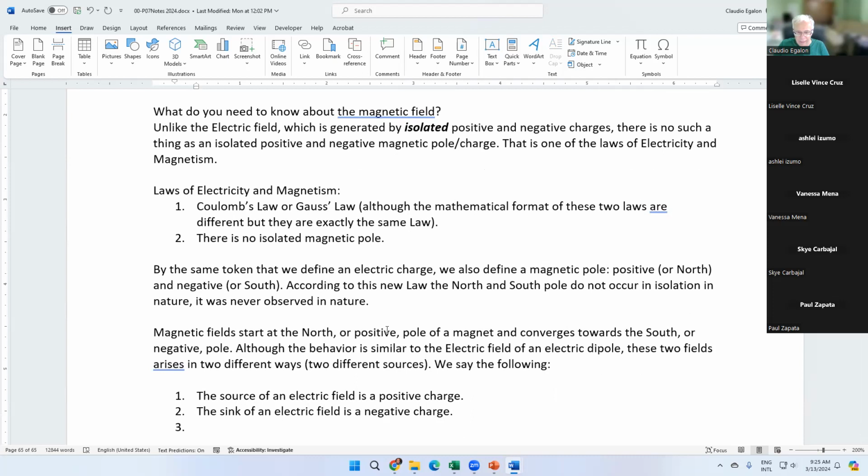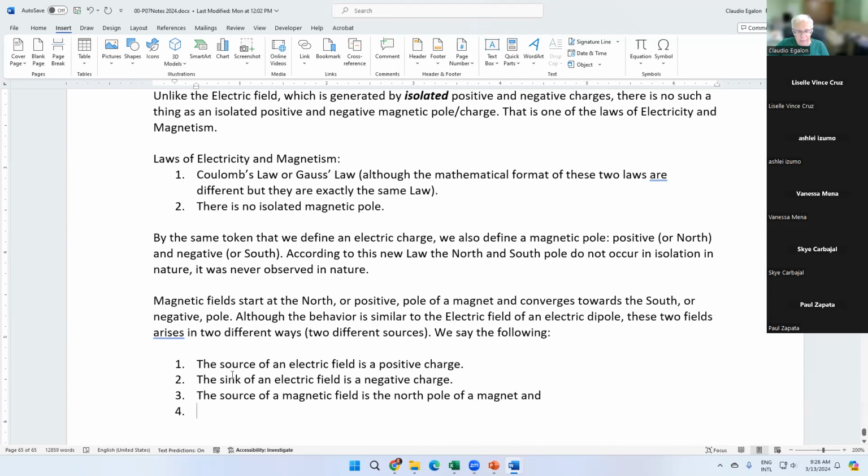The source of a magnetic field is the north pole of a magnet. And the sink of a magnetic field is the south pole of a magnet.